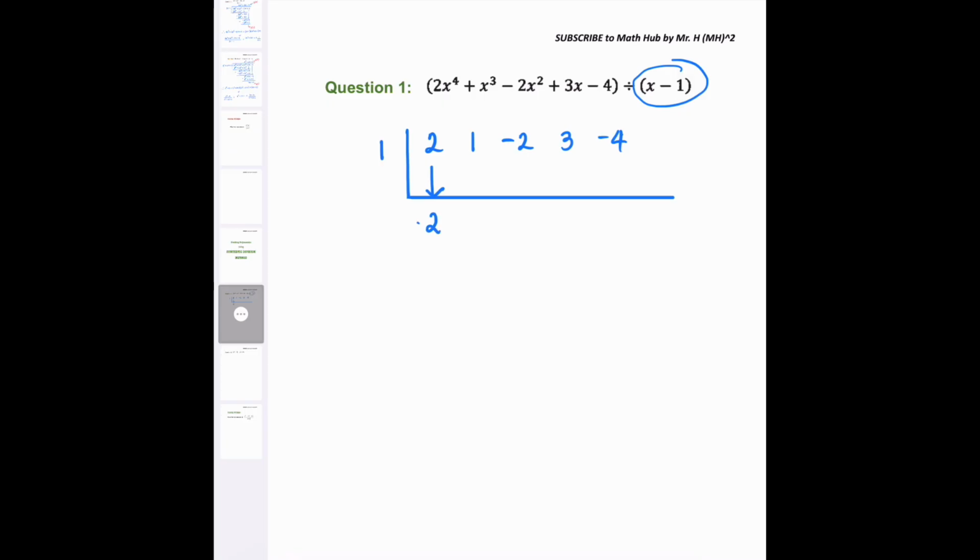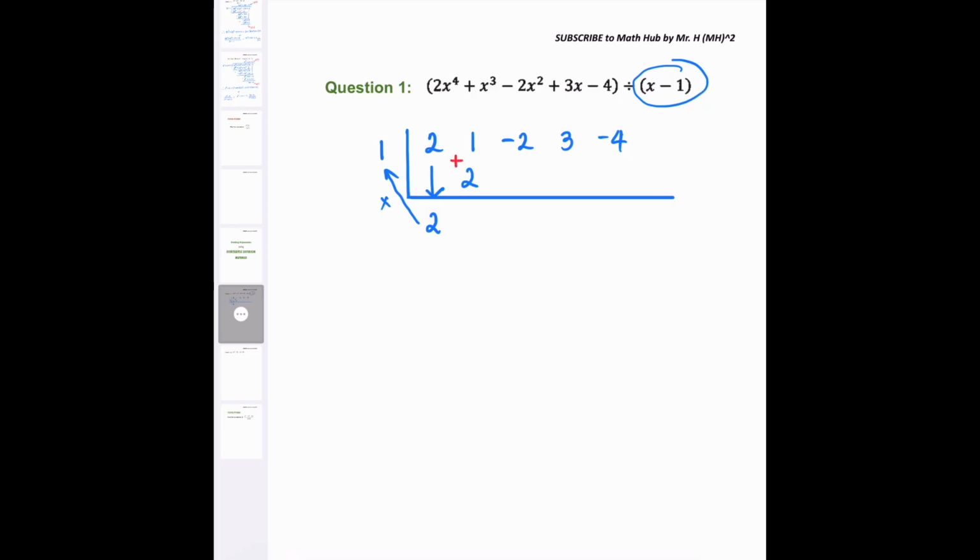So you have to multiply it by 1. So 2 times 1 is 2. So we write the product here under the coefficient of the second term. What we need to do here next is we need to add these two numbers right here.